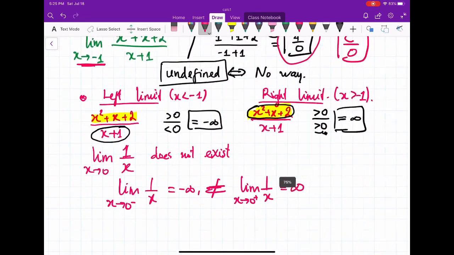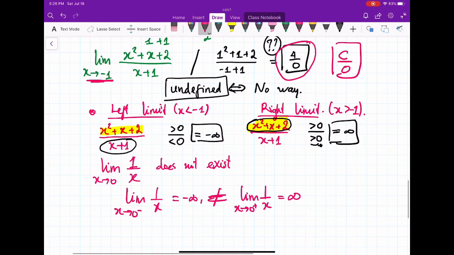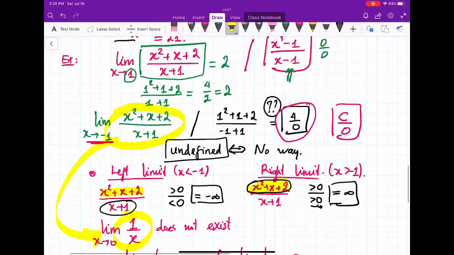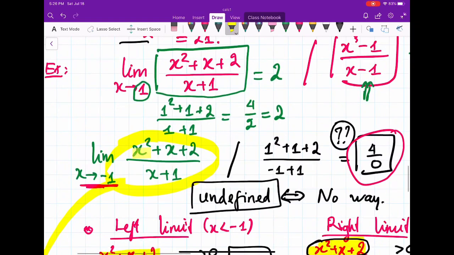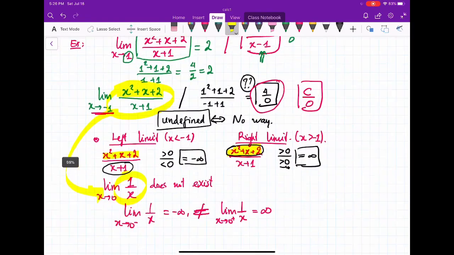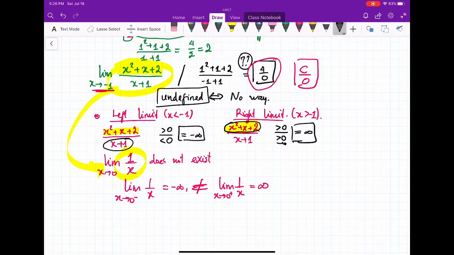So if you look at this function from the point of view of 1 over x, you see something very similar. What is similar? On the top you have x squared plus x plus 2, but at -1, x squared plus x plus 2 is just 2. Let me write it down.